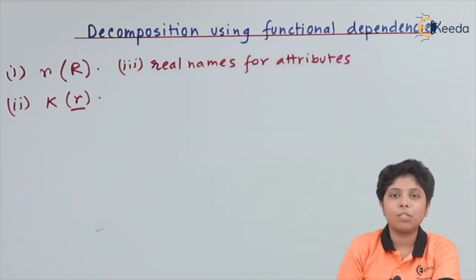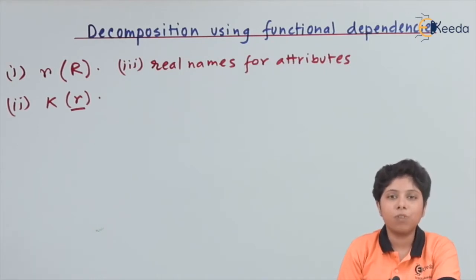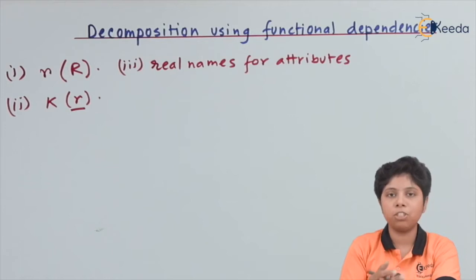The next is the real names for attributes. When I am defining an instructor relation, we should use the small letter instructor as the relation name, so as to give the information to the user that this relation is for storing the information about the instructor.